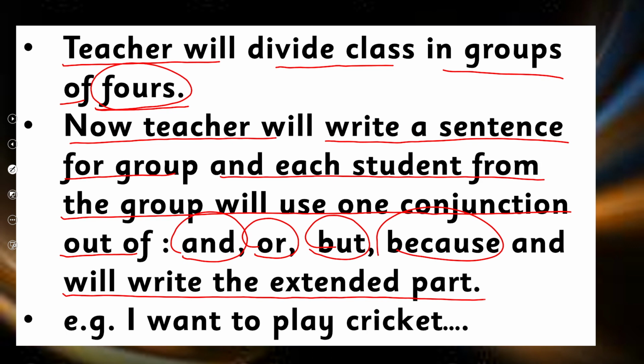For example, the teacher will write I want to play cricket and the other will say and basketball, another will say or basketball. This is how every one of you will use one conjunction to complete this sentence. So pause the video, enjoy the activity and then come back.